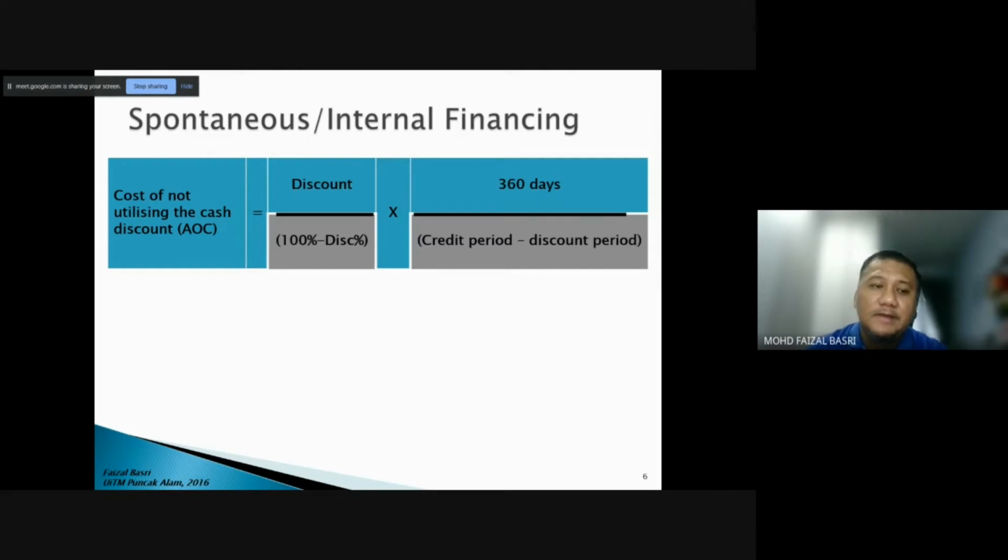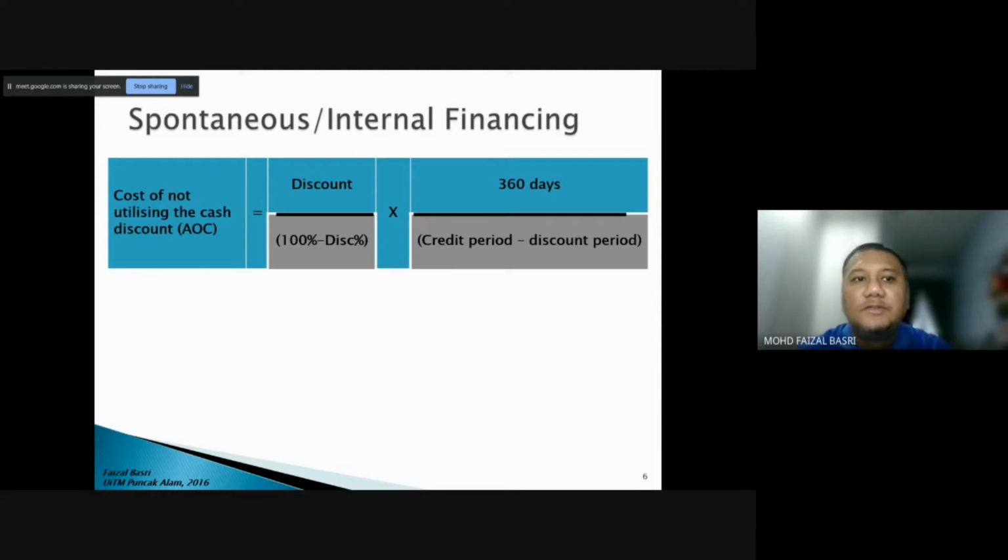For the external financing, the formula for the other three will look somewhat similar, but not for this internal financing. So we have 4 products I mentioned earlier, 1 internal and 3 external. For the internal financing, we'll have a formula like this, but for the other 3, we have a different formula.